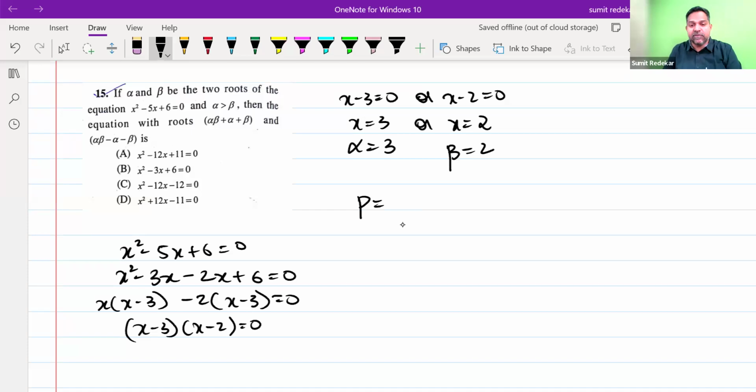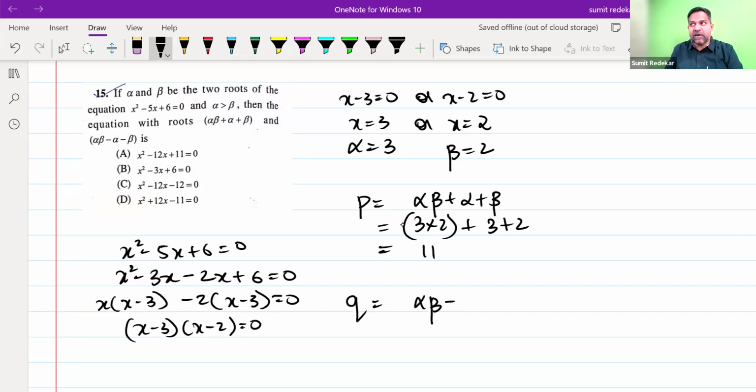The value of p is alpha beta plus beta, which is 3 into 2 plus 3 plus 2, which is 6 plus 5, which is 11. And q is alpha beta minus beta, which is 3 into 2 minus 3 minus 2, which is 6 minus 5, which is 1.